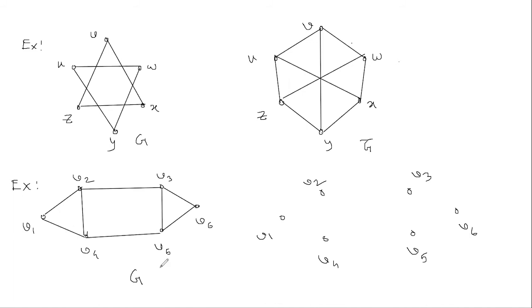So here in the graph G, V1, V2, V1, V4 are adjacent. But V1 is not adjacent to V3, V5 and V6. So first we'll connect V1 to V3, then V1 to V6, then V1 to V5.